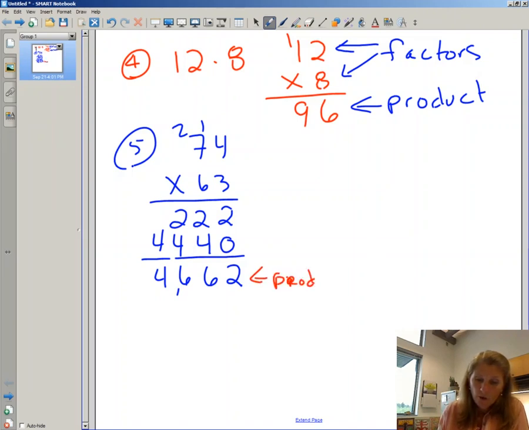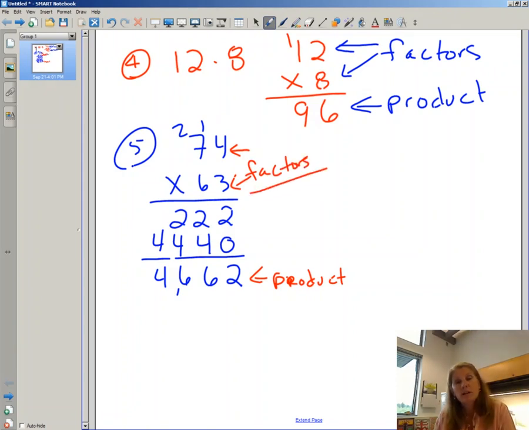And my factors would be up here. This is just my work, but that's not a factor. That's not what's going into the problem. The factors are the numbers that you start off with.